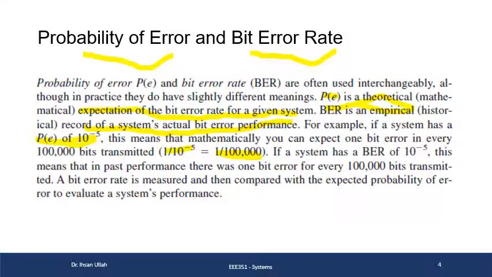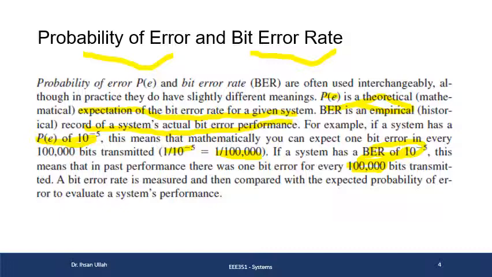Whereas if a system has bit error rate of 10 to power minus 5, this also means the same thing, but now it means that in the past we have realized the performance of that system. We practically measured this thing, and we saw that one bit for every 100,000 bits had an error.